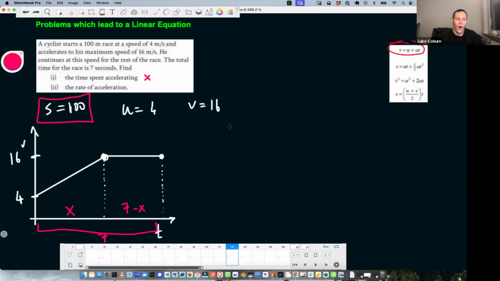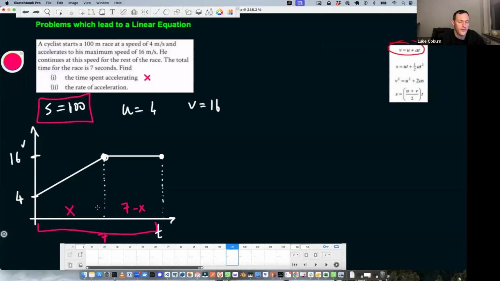Basically the question is find x. That'll be our time for that first one, and we already have the u and the v for the first one, so we can just use v is equal to u plus at to get what a is. So the question is really to get time, which in this case we're just calling x.